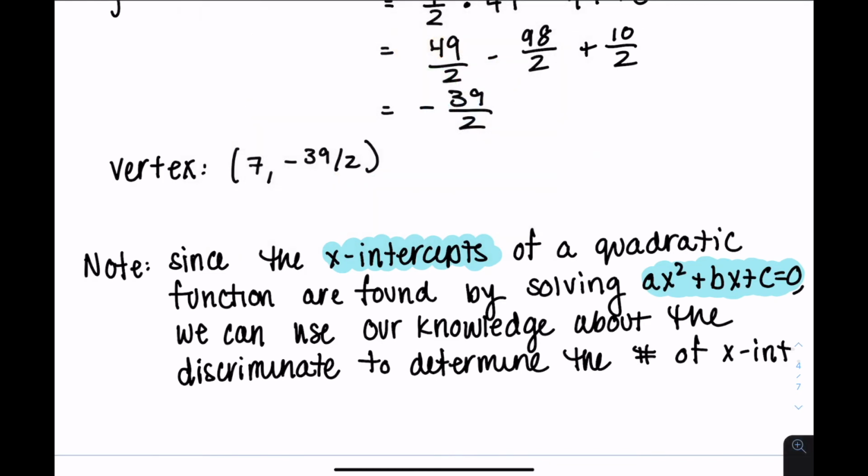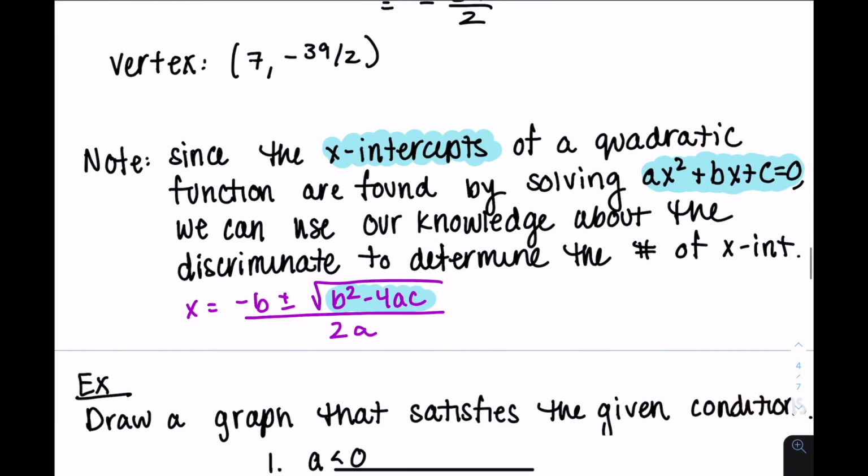Just remember the discriminant is what's underneath that radical, because the x-intercepts would be negative b plus or minus the square root of b squared minus 4ac all over 2a. Based on the value of b squared minus 4ac, we can figure out if we're going to have 2 zeros or 2 x-intercepts. Do we have none? Are they complex? What's going on?